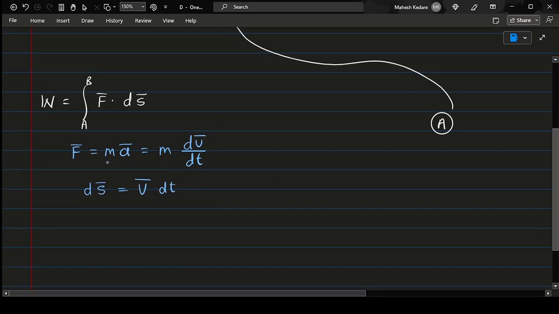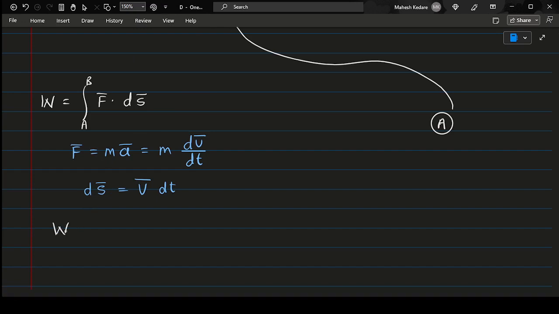We substitute for F bar and ds bar in this equation and obtain work equal to integration from A to B m dv bar by dt, and we must write dot because it is a dot product between vectors. ds bar is equal to v bar into dt.